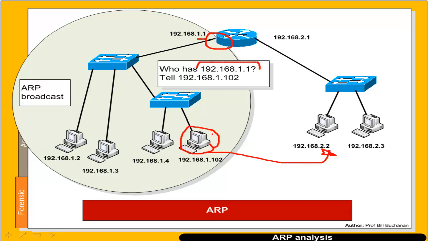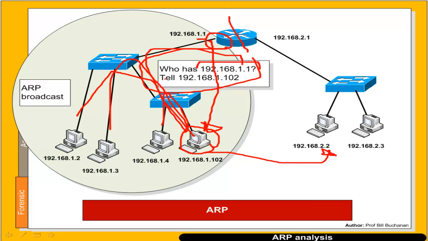So it sends out an ARP request inside its own domain to all these nodes, and they listen to it. The router will stop the ARP going over the device, and then the port which has that address will return back only to the host who asked what its MAC address actually is. So the ARP that goes out is who has 1.1, tell 1.102.